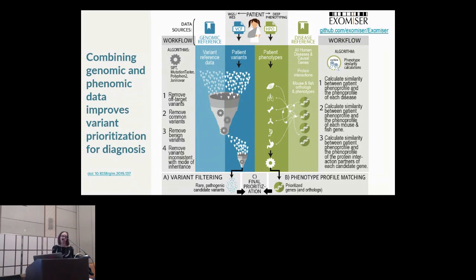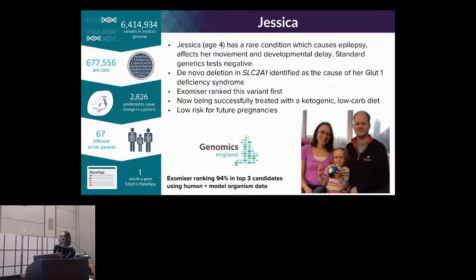This is your standard diagnostic pipeline for rare diseases today. And we add the phenotypic features and the comparisons against those model organisms, as well as protein-protein interactions for guilt by association. And that really helps reduce the overall number of target variants that might be causal for a patient's disease.